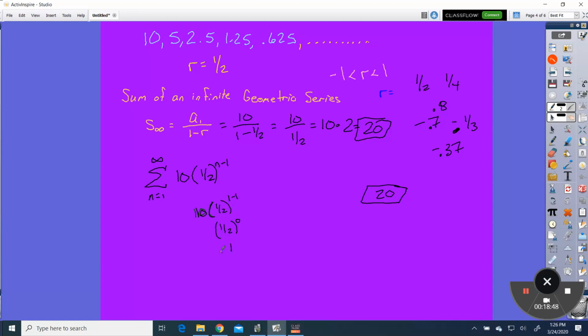Anything to the 0 power is 1, so 10 times 1 is 10. So that's my first term. The number in here is r, so that means r is less than 1 and bigger than -1. So that r works for this, and now I just plug it into this formula, and voila, we're done.